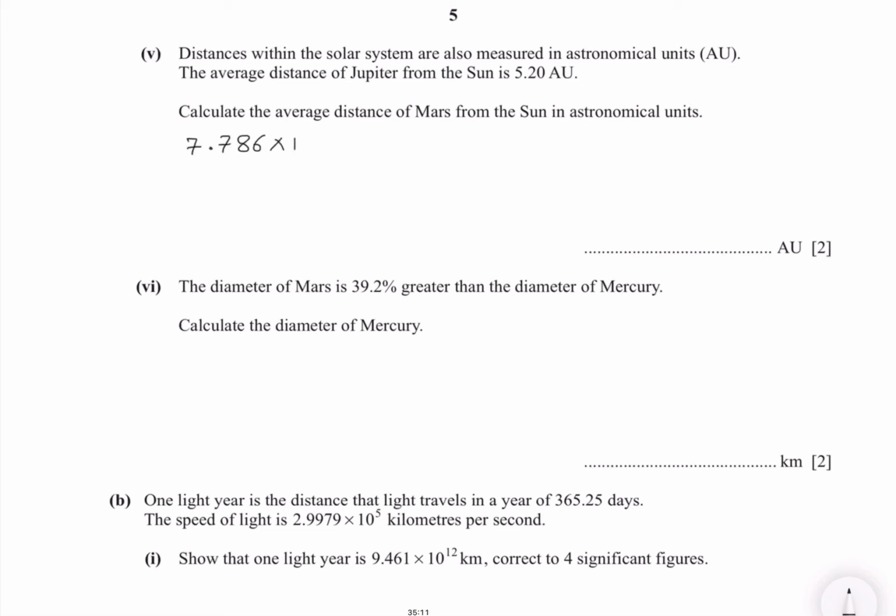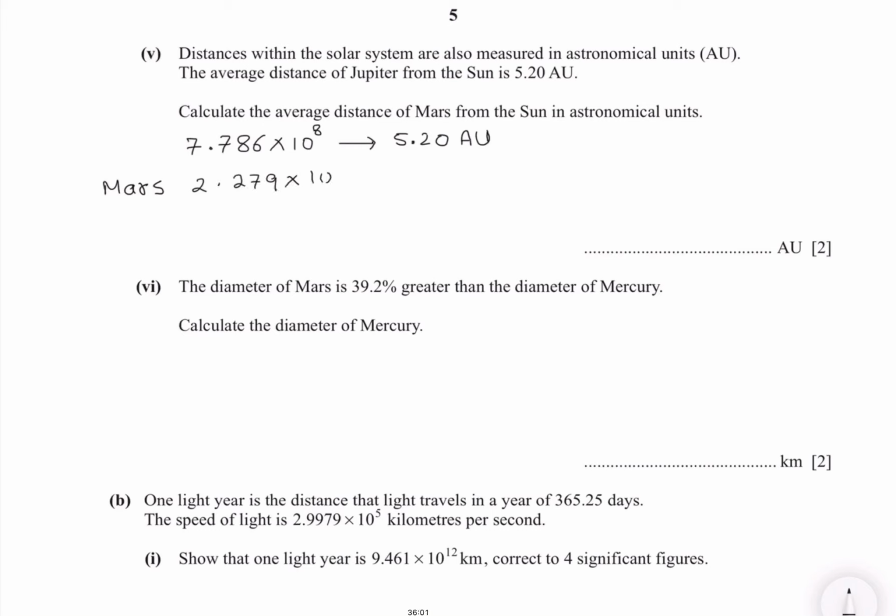So 7.786 into 10 power 8, and this is 5.2 astronomical unit. This is the distance of Jupiter from Sun, and now we have to calculate the average distance of Mars from the Sun in astronomical unit.